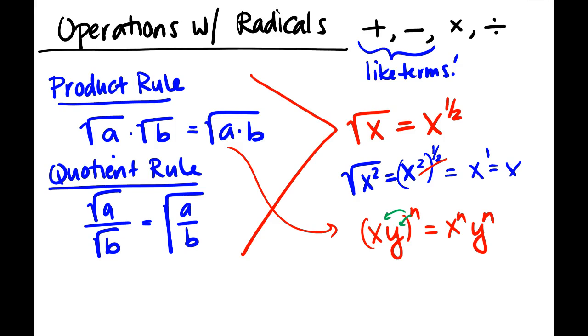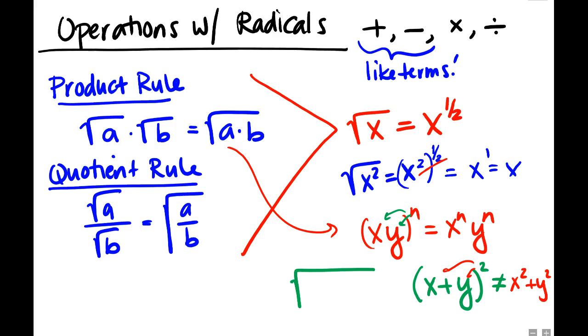And the same thing is true with exponents as with radicals: when we have x plus y raised to a power, you cannot do that same thing. You can't make this x squared plus y squared, because you need to be doing the FOIL, or the actual distribution. This is x plus y times x plus y, which has more complicated terms. So the same thing is true here.